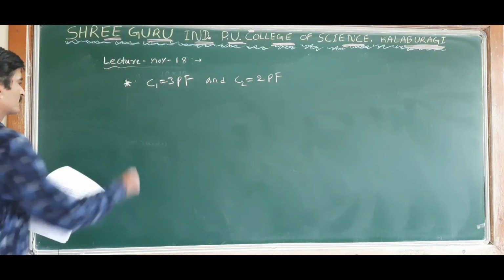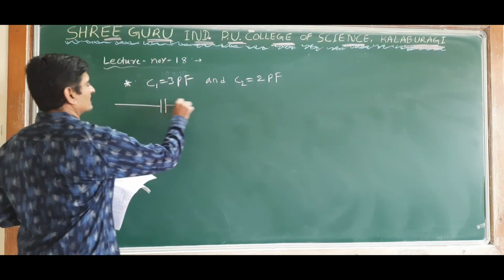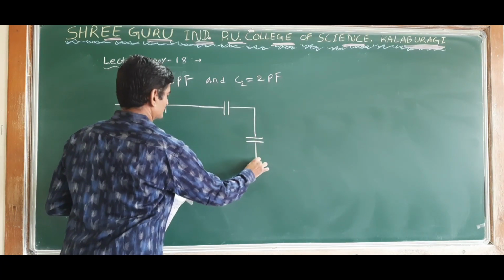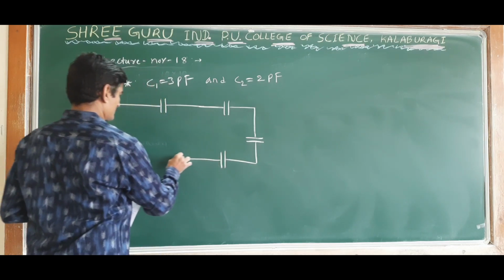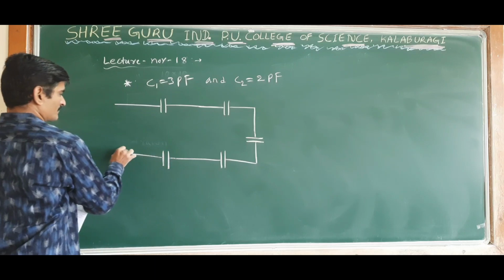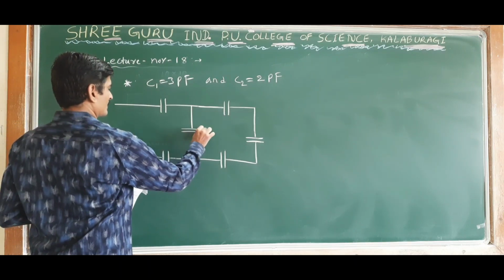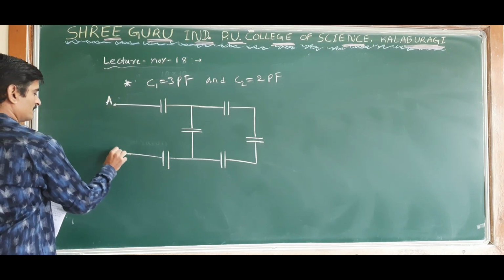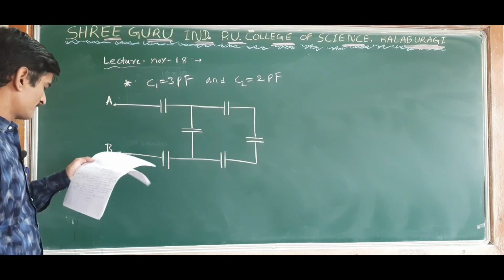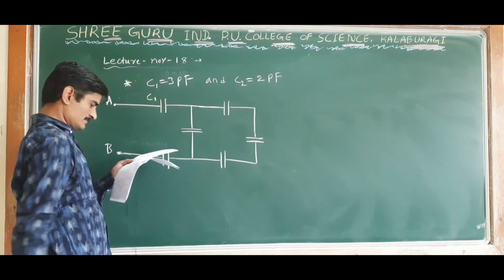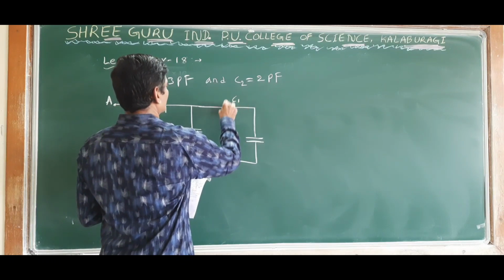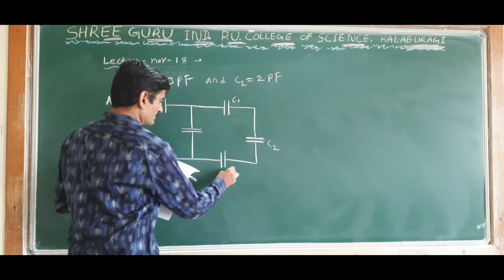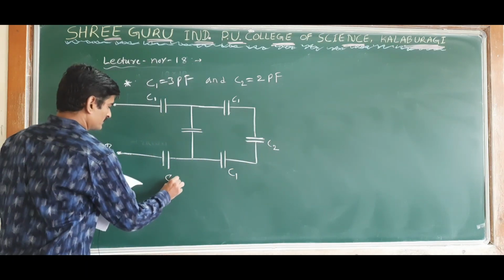A network is given here. Network means circuit. This is point A and this is point B, and they are labeled C1, C1, C2, also C1, also C1.